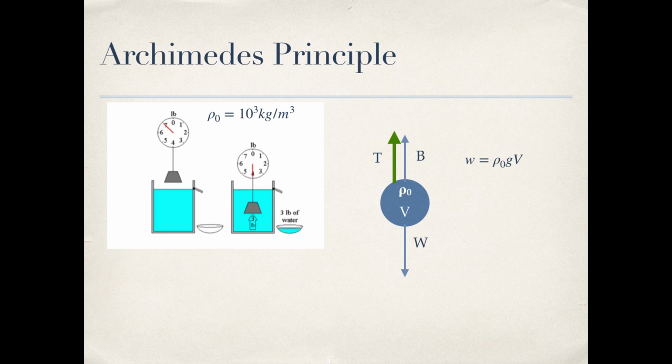And the weight is of course the density of the ball times gravity times the volume. When we immerse it into the liquid, we want to calculate the force acting on the suspending wire, the thread, which I denoted by a capital T. If there was no water, that would be just equal to the weight.